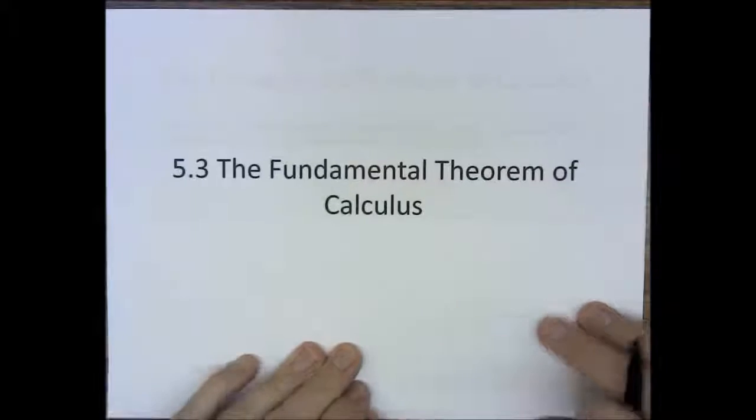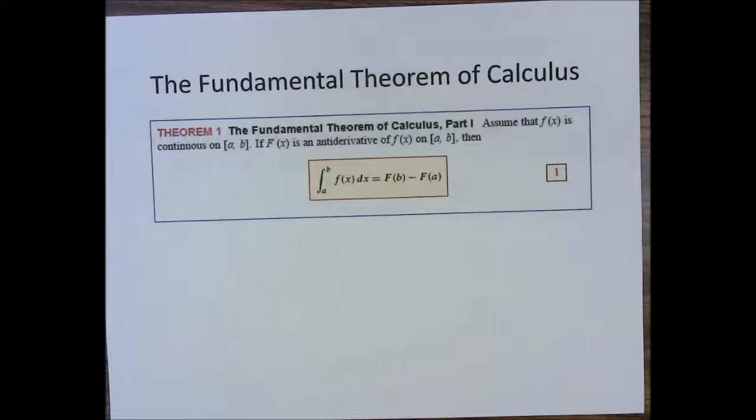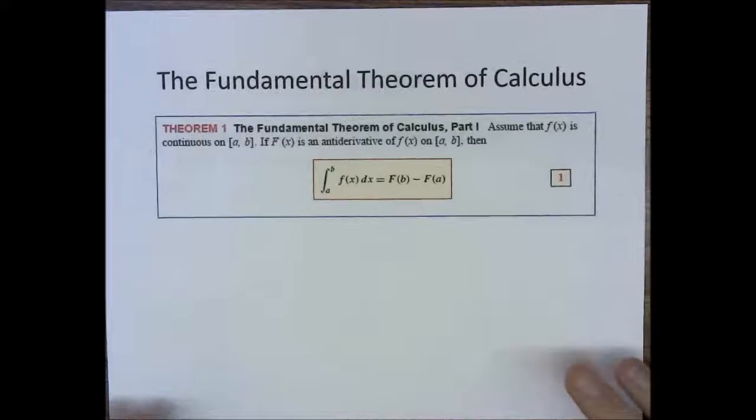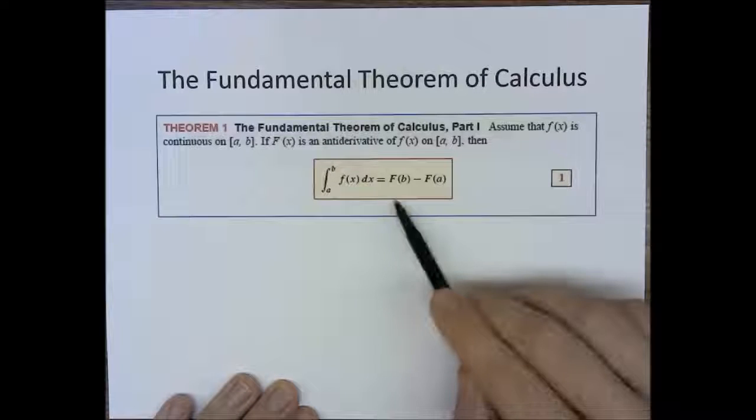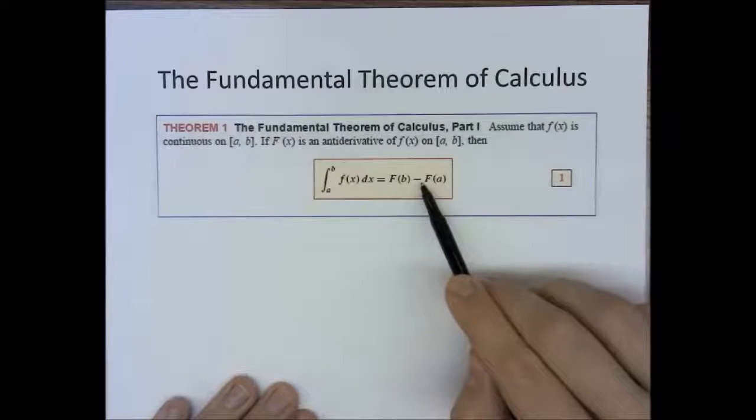So what the first part of the fundamental theorem of calculus tells us is that, assuming that little f of x is continuous from a to b, if big F of x is the antiderivative, then the integral from a to b of little f is equal to capital F of b minus capital F of a.